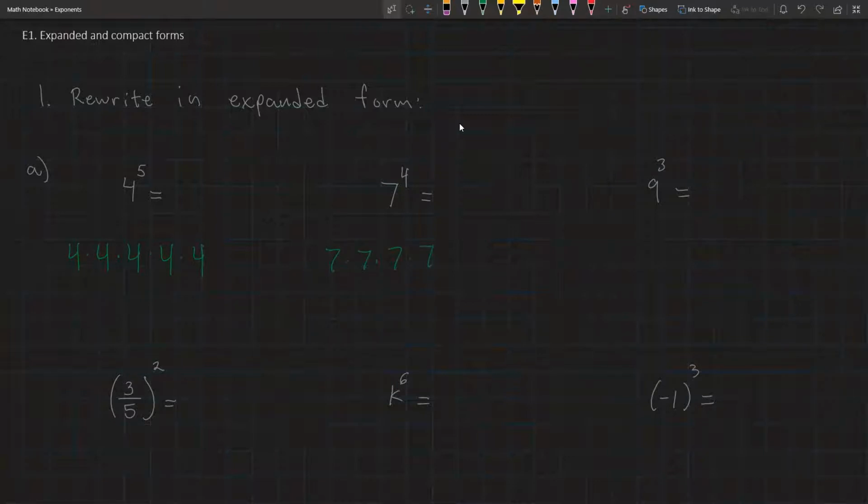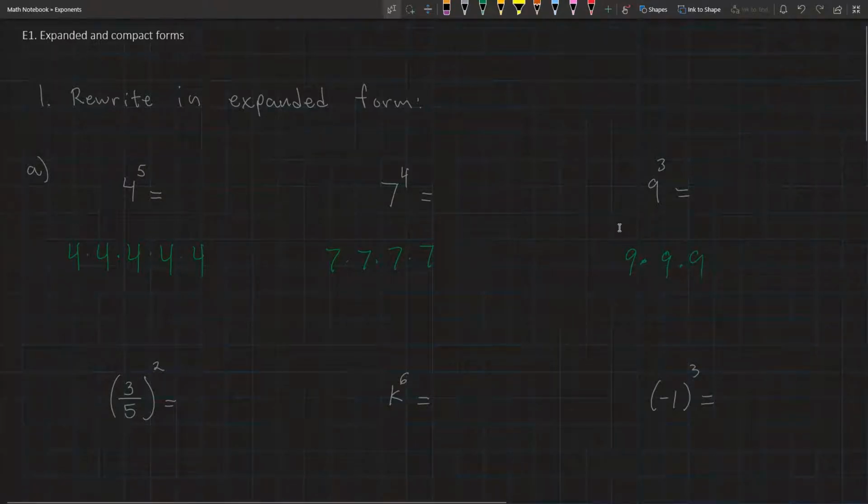That's 3 and 4. So this right here is the same as this one right here. And that's what it means to rewrite in expanded form. This is the compact form, the shorter version of it, and this is the expanded form of the same idea. Therefore, this one represents 9 multiplied by itself 3 times. 9 times 9 times 9, all right?